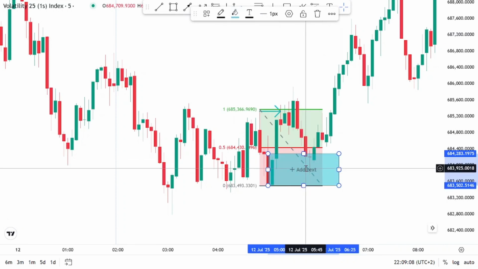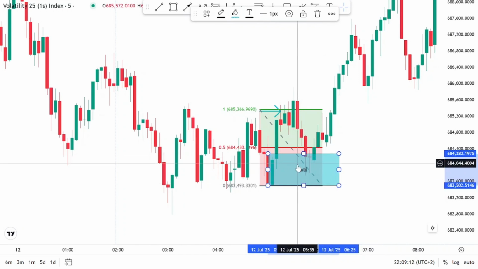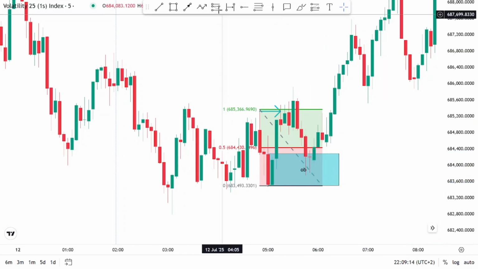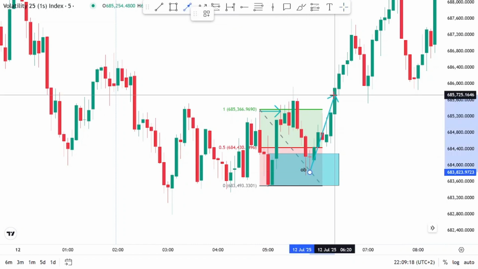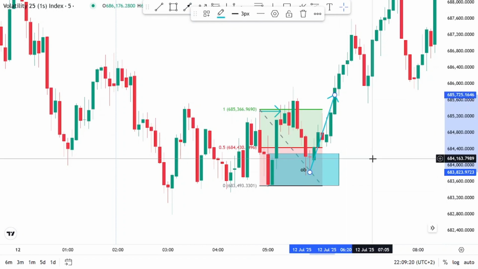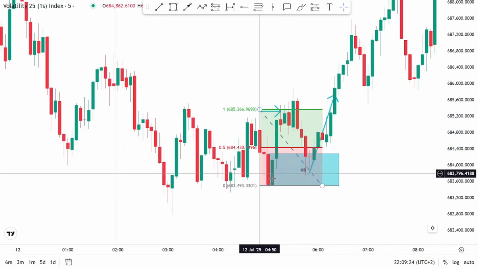So price reacted here on our order block, and then from the order block it went to our take profit, which is up here at a discounted level.